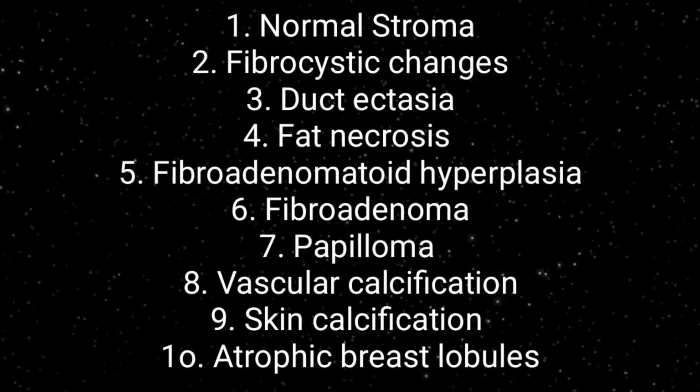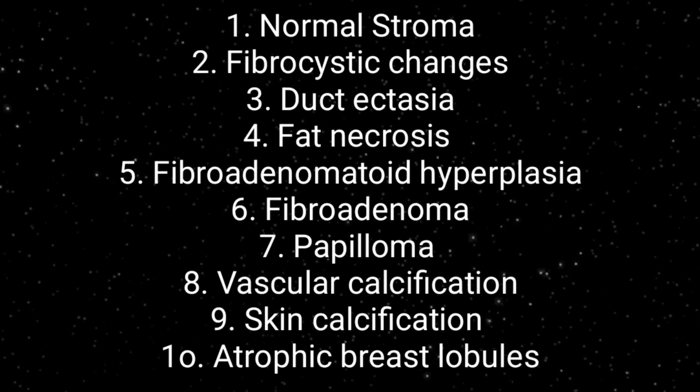As you know, the breast is made up of multiple ducts and ductules. If there is duct and ductule ectasia, this may result in calcification formation. Due to any reason, if fat necrosis occurs, calcification will also be there. Fibroadenomatoid hyperplasia may also have some sort of calcification. Fibroadenoma may have calcification in it.